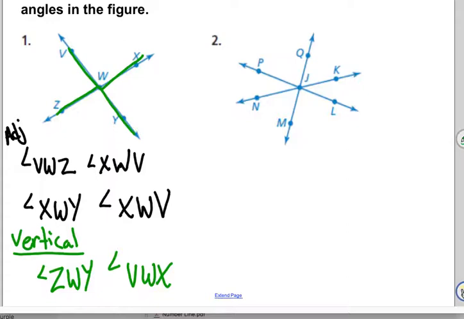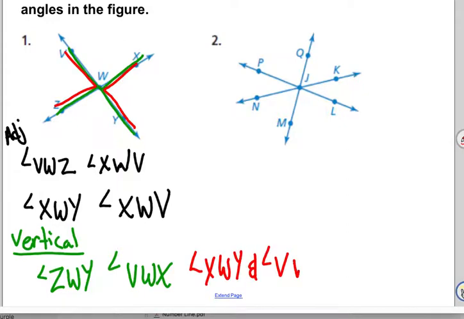Molly. XWY. Yes. And VWZ. Good. Good job identifying vertical angles, fist to 5. How do you feel about that? You got that?